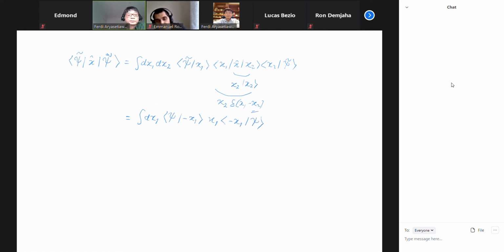So if we then change the variable, that becomes minus x1. And we realize that these are just 1 if we integrate over x1. So then we get, it's not 1, but the position operator. So that becomes like this.